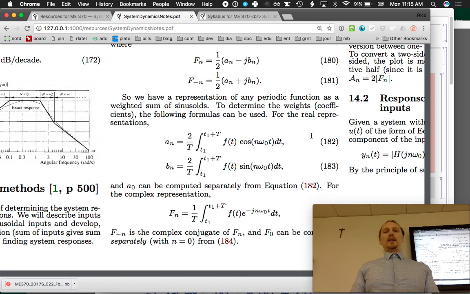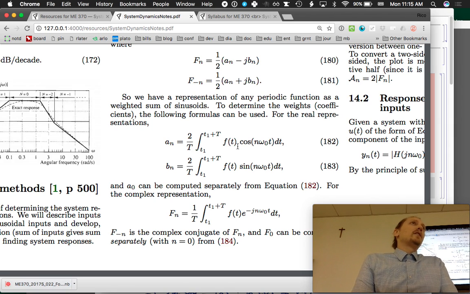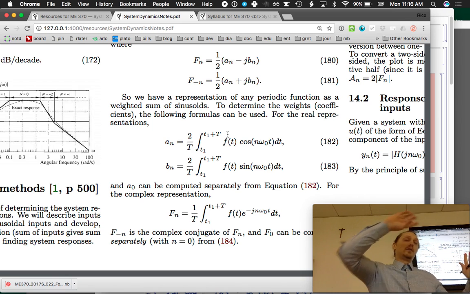So you have to plug in the periodic function into this integral. Surely the weights are related to the original function that you're finding the Fourier series representation of, right? So we integrate that over one period. I'm integrating from t1 to t1 plus a period. You can choose any period to integrate over.